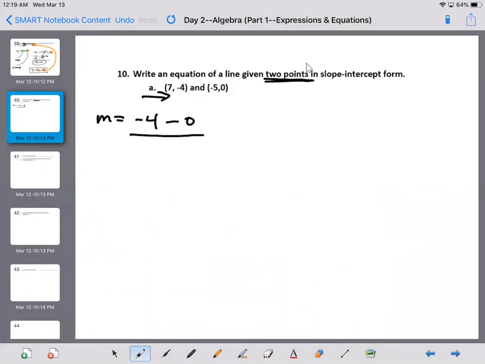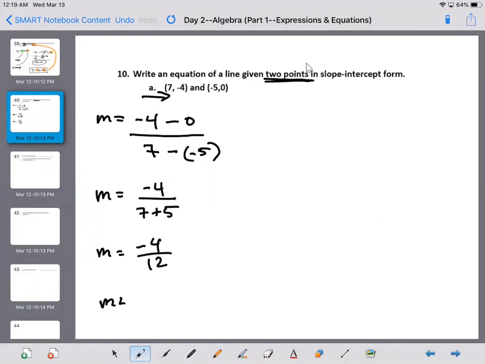And I'm going to come back and take the x and subtract the other x. So this is going to be -4 in the numerator and 7 plus 5 in the denominator. So that's going to be -4 over 12, or -1/3. So slope is -1/3.